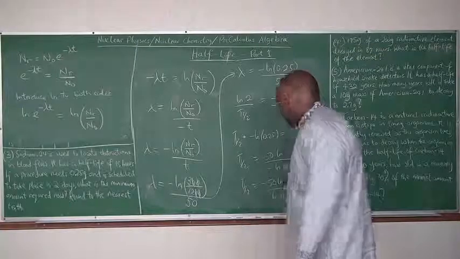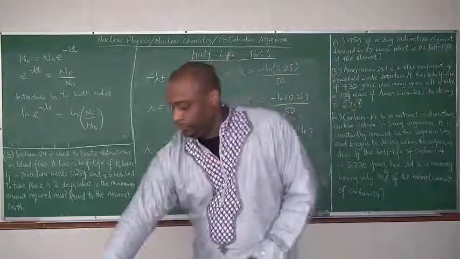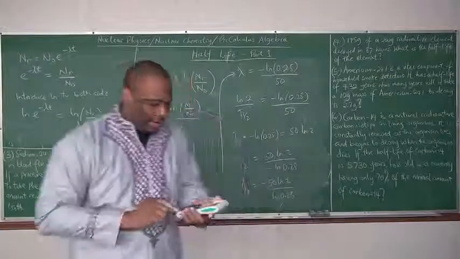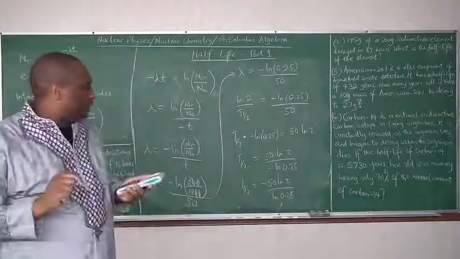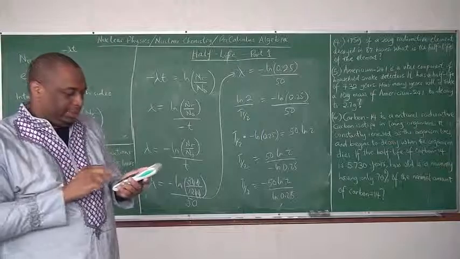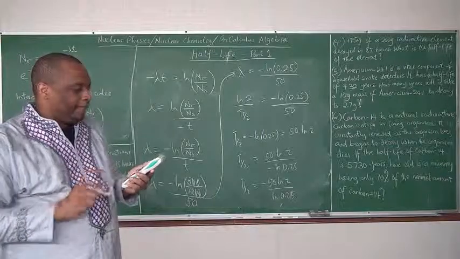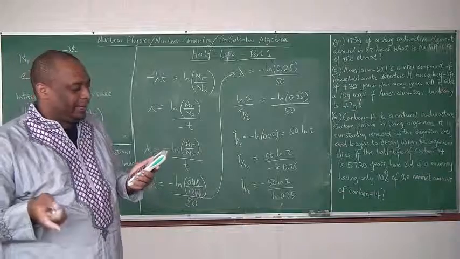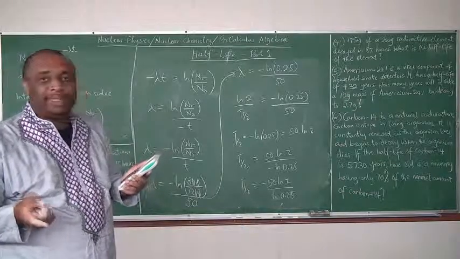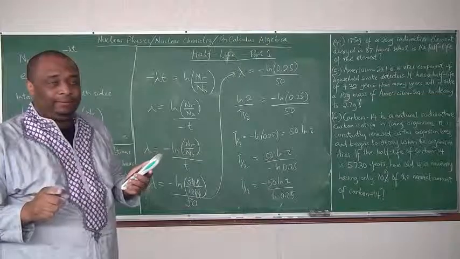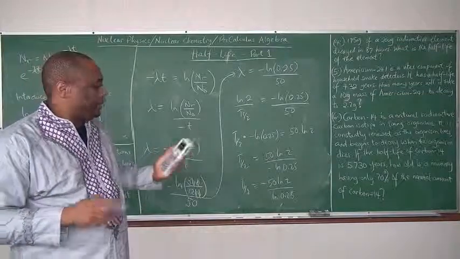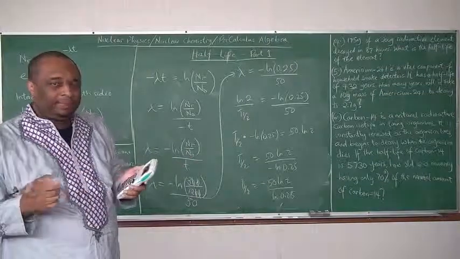Alright, we can now solve it. First, ln 0.25 gives me negative 1.386294361. That's a negative, so the negative in the numerator divided by this negative is positive.